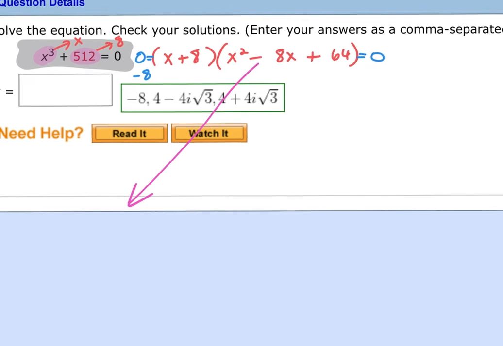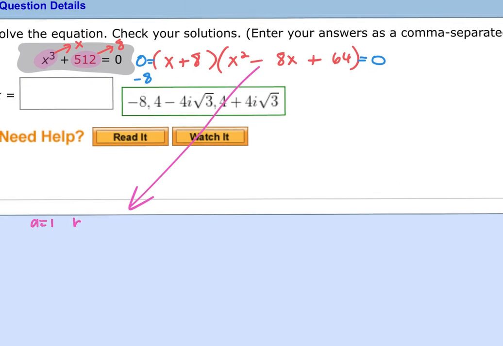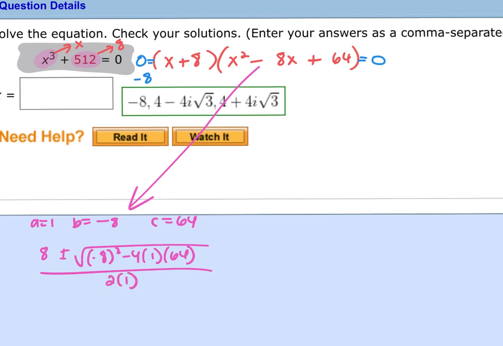So the first one to do is quadratic. A would be 1. B is -8. C is 64. And I get negative b, so it'd be 8 plus and minus the square root of b squared minus 4 times a times c all over 2 times a.